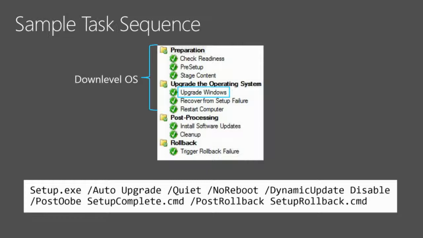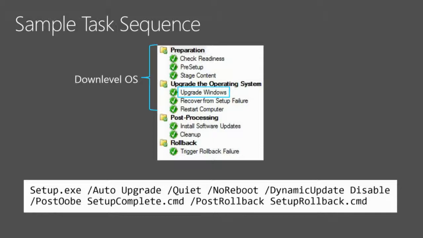The auto upgrade is required to move all those apps and settings and everything. Don't change that, at least in a Configuration Manager scenario, because our SMS agent is considered an app. So if you do an upgrade and don't persist the apps, you're not going to persist the client. So if you want to continue the task sequence or continue to manage the system, you have to use auto upgrade. At least until we figure out a process by which you can install the client after upgrading.